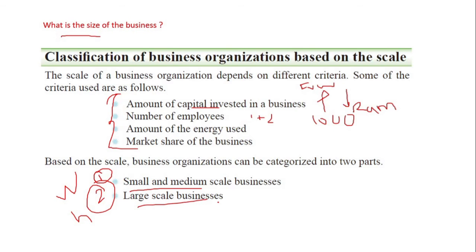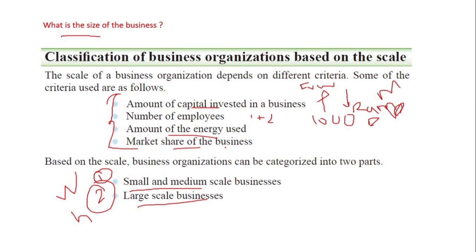Large-scale business. Very big garments, right? A very small tailor shop will have only 1 or 2 employees. A very big garment factory, the number of ladies working in the garment, right? More than 1,000. So Mars, Brandix, for example, Brandix. Amount of energy used, right?